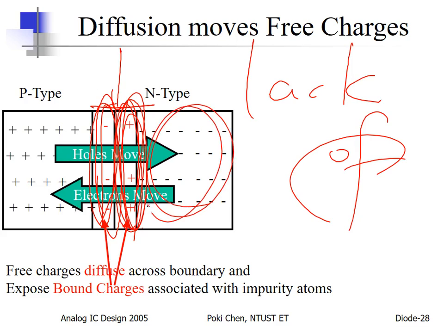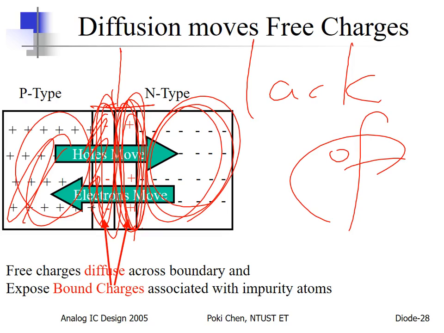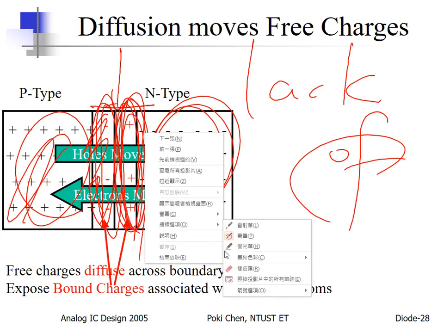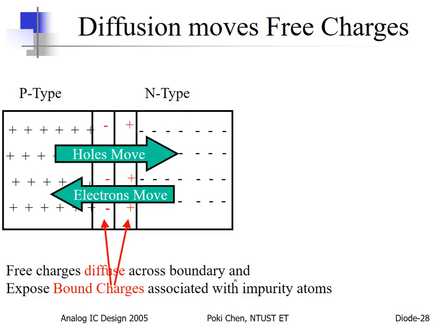From the very beginning, a lot of electrons, a lot of holes, never mind here or beside the boundary. But after migration, after diffusion, people move to the other side. Just like Venezuela or something, people there move outside because of the very bad president. So it becomes a desert. It lacks majority carriers, so we call it depletion region. Almost nobody inside. All of them migrate to the other side.